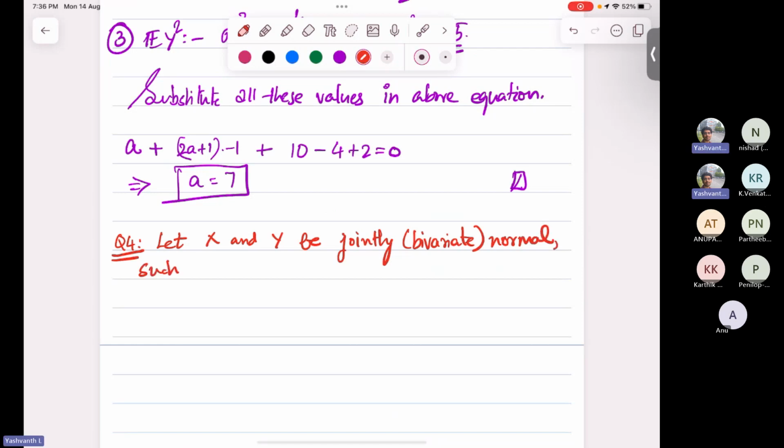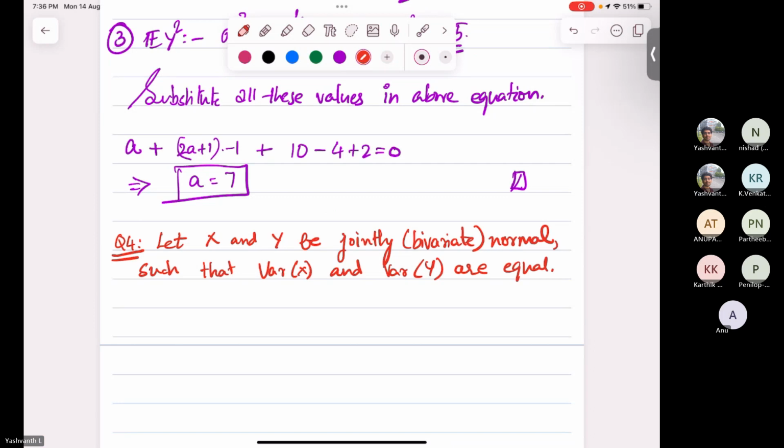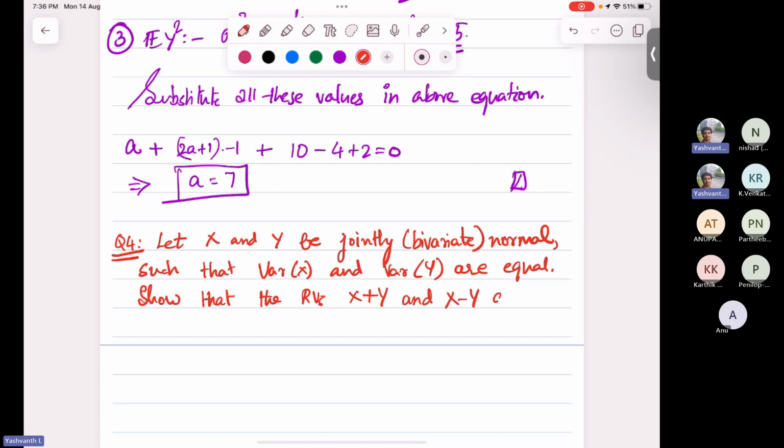Such that the variance of x and variance of y are equal. Show that the random variables x plus y and x minus y are independent.